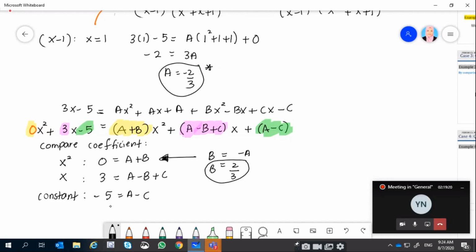And then you can use the constant equation to get c. C equals a plus 5.